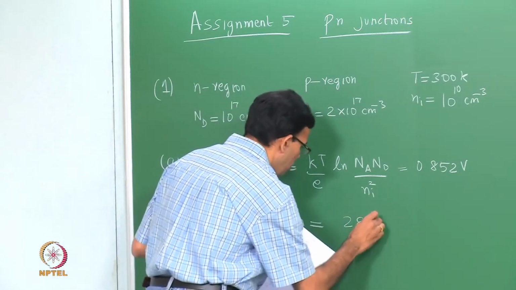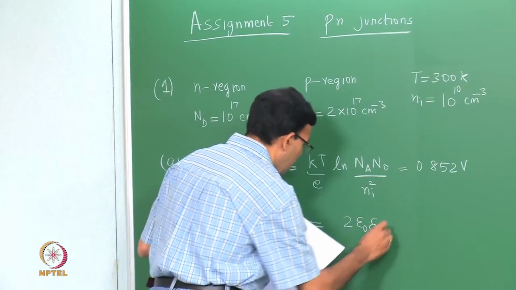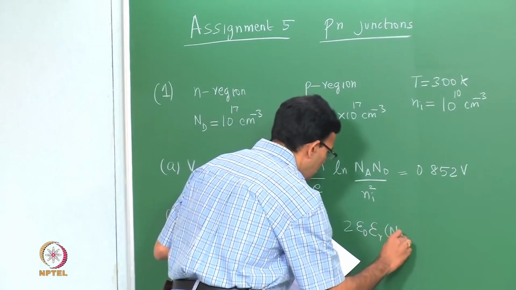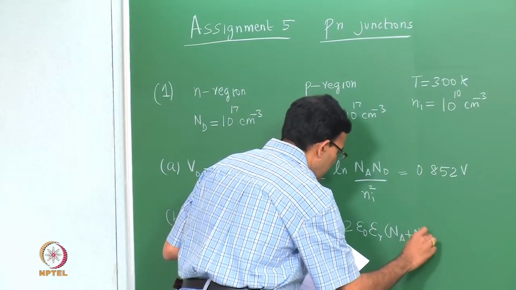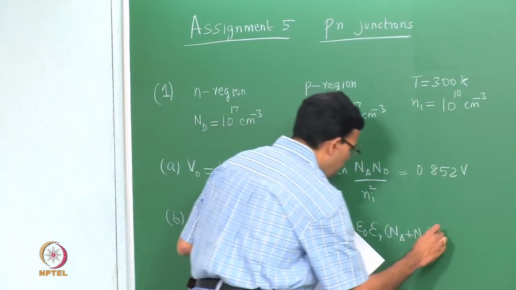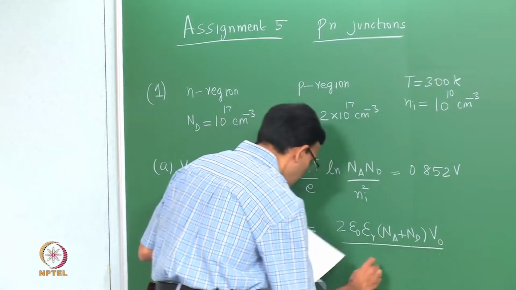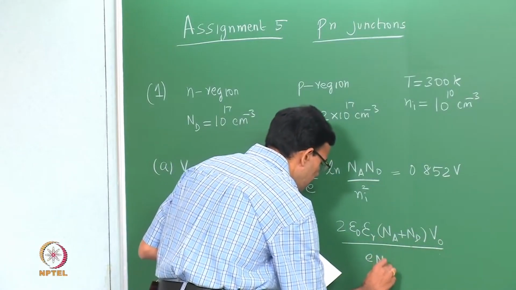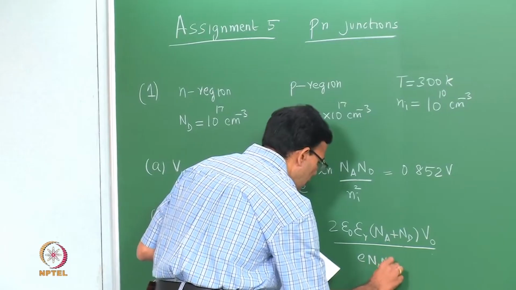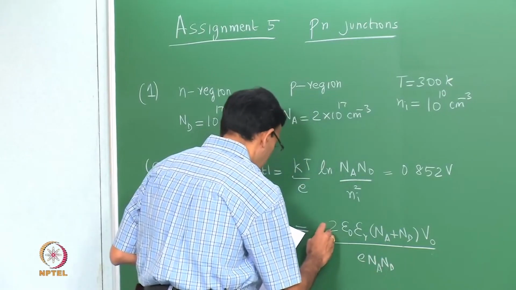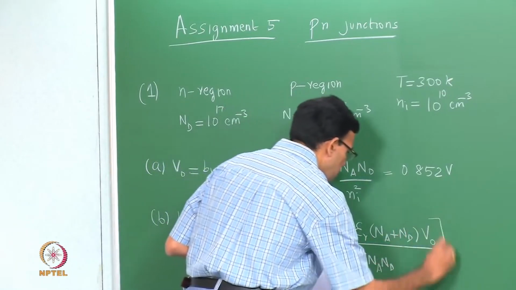The total depletion width is again just given by a direct formula substitution. So, 2 epsilon naught epsilon r times (Na plus Nd) times V naught, where V naught is your built-in potential, divided by e Na Nd, and the whole to the 1/2.